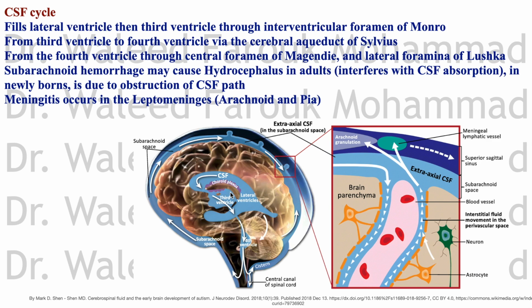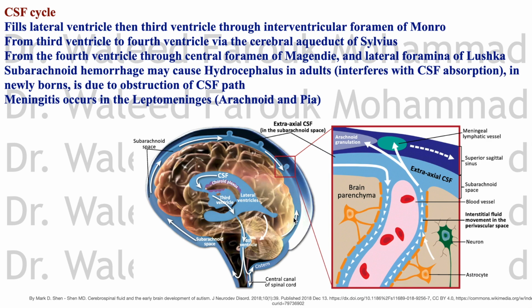Okay, so this is the circulation of the CSF again. It fills the ventricles, the lateral ventricle, through the interventricular foramen of Monro to the third ventricle, aqueduct of Sylvius to the fourth ventricle, foramina of Magendie to the central canal, and Luschka to the outside of the spinal cord.